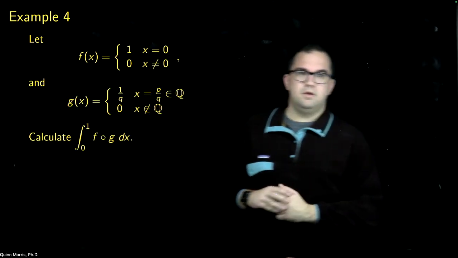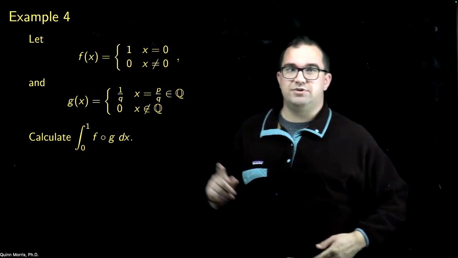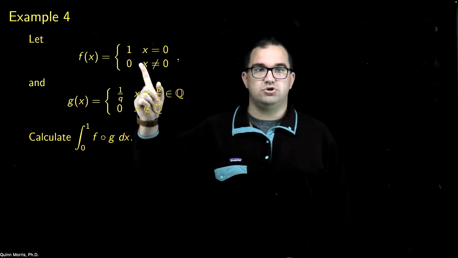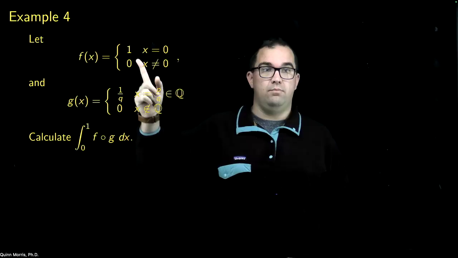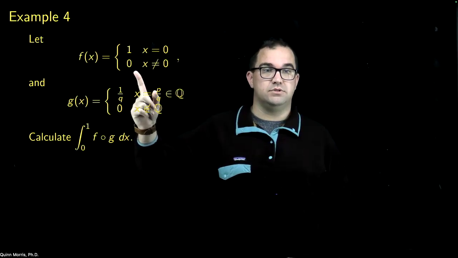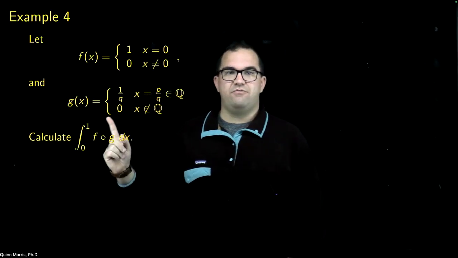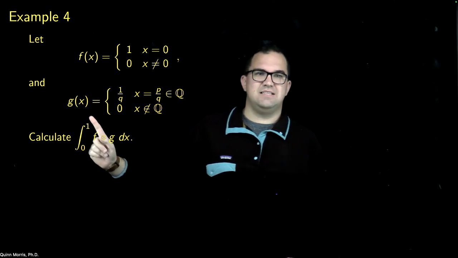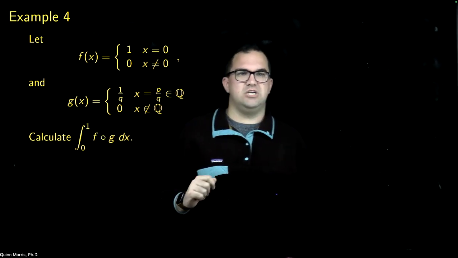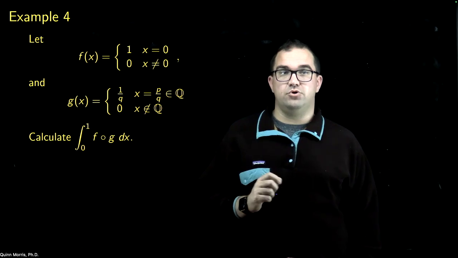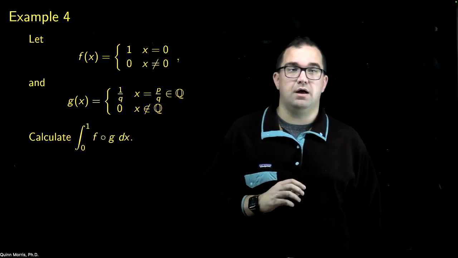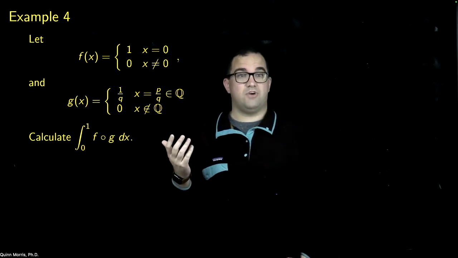Okay. Well, let's look at the following example. So take f to be the function which is 1 at 0 and 0 everywhere else. And take the function g. Now, we've actually seen this function g before. This function g is what we referred to as Thomae's function back when we were looking at issues of continuity.